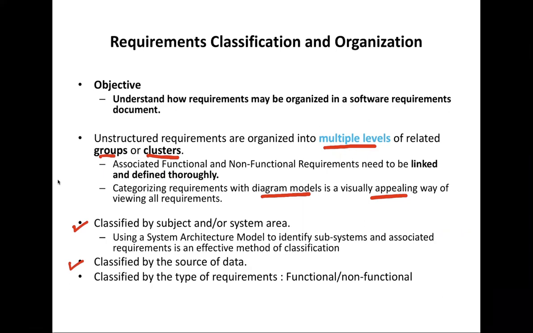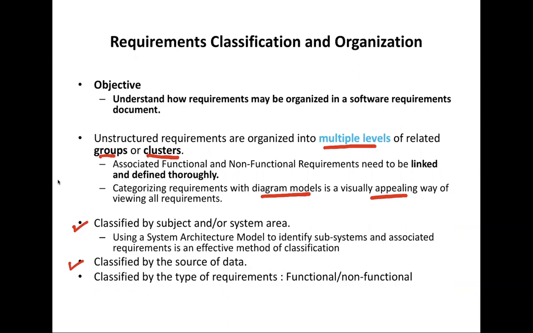Or if you have requirements from the initial users or trial users, then you collect those requirements underneath the user category. So in other words, you just need to classify based on the source of the data from which the requirements have been gathered.